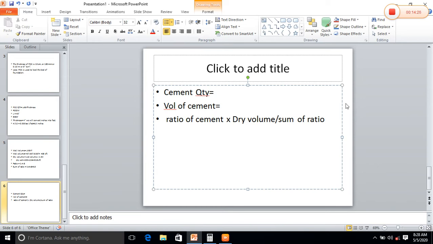So ratio of cement is 1, multiplied by dry volume is 616. Okay, divided by sum of ratio is 13. Okay, so let's do this.